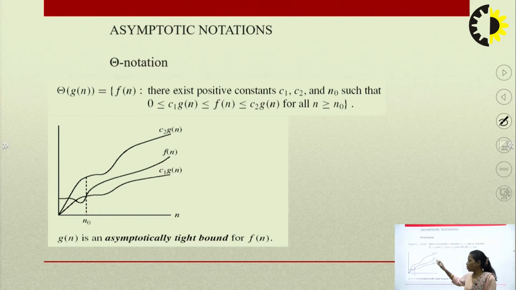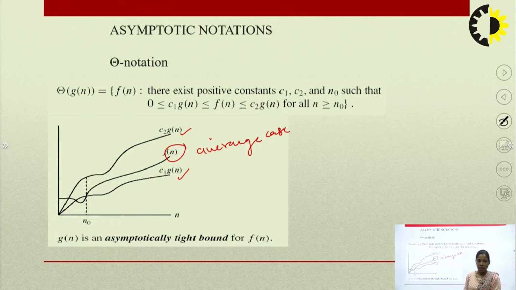Similarly, you can draw the diagram of theta notation as we already drew for big O notation and big omega notation. With the help of the diagram, you can see that function f(n) lies between c1 g(n) and c2 g(n). It means that function f(n) is asymptotically tightly bounded between c2 g(n) and c1 g(n). That means it gives the average case complexity of the algorithm.